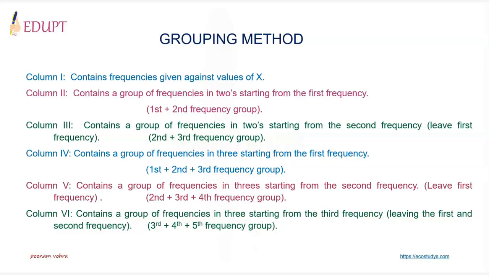And the sixth column contains a group of frequencies in threes starting from the third frequency, leaving the first and second frequency, that is comprising the third, fourth and fifth frequency group. You will understand it more clearly with the help of a numerical.